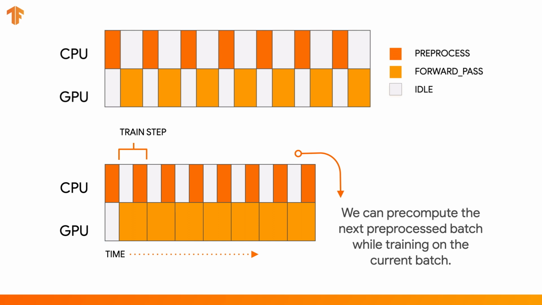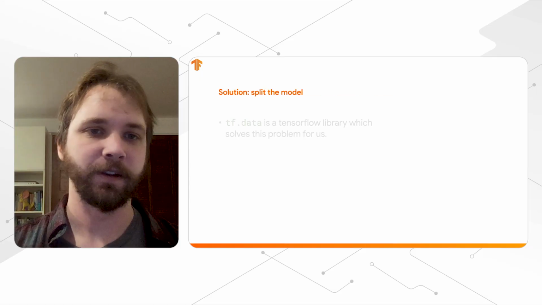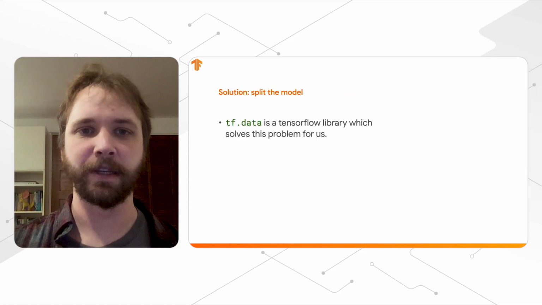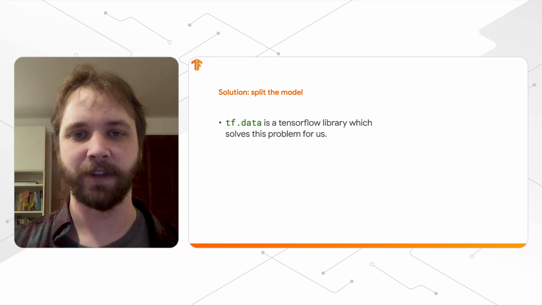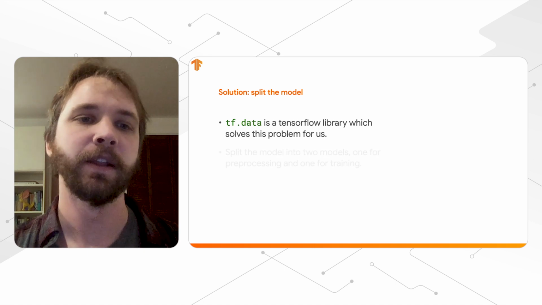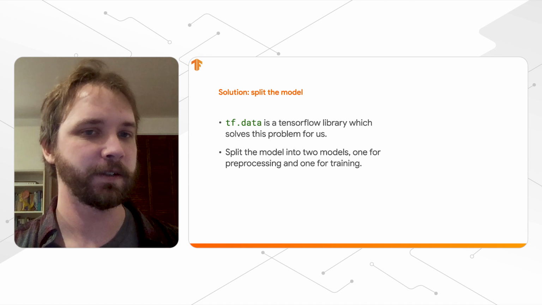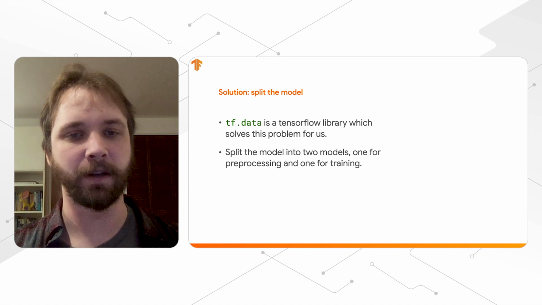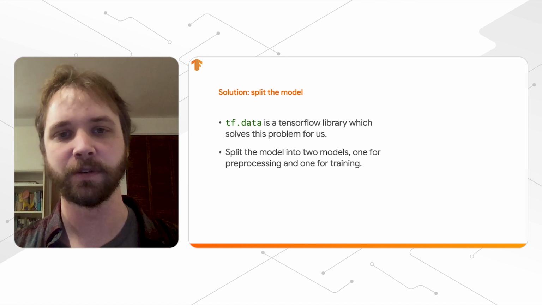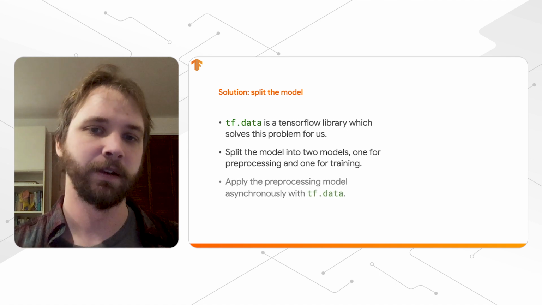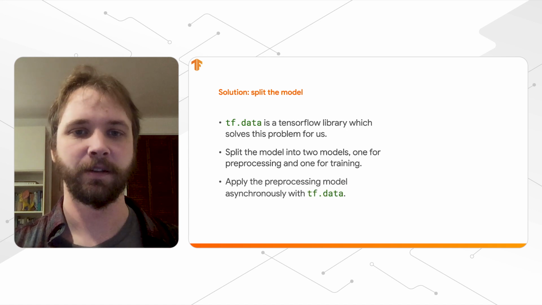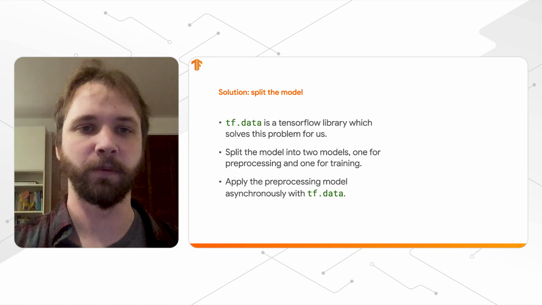But thankfully, we have a library, tf.data, which solves this problem for us, makes it really easy to make our training very efficient. tf.data will allow us to do this precomputing of our preprocessed batches of data. The only thing we have to do from the Keras side is split our big monolithic model into two parts so that we can use the preprocessing part with tf.data and treat the training part of our model normally.